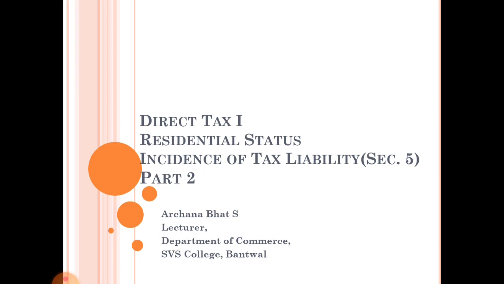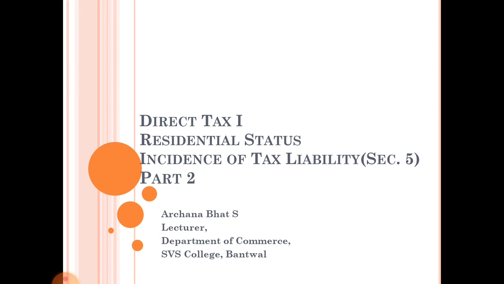As per that chart, on income received or deemed to be received, or income accrued or deemed to be accrued, all three categories of residents must pay tax in India. If the income accrued and received outside India from a business controlled in India, non-residents need not pay tax.